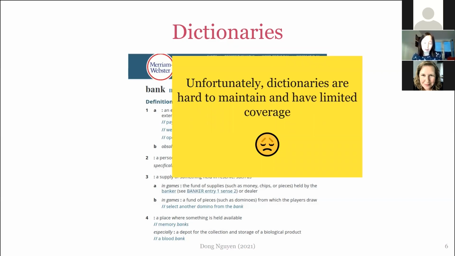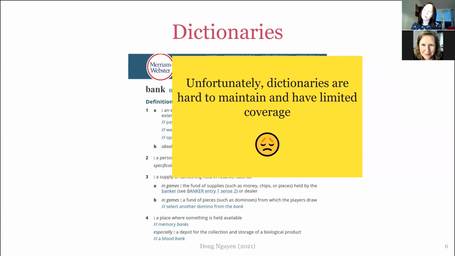They take a lot of effort. In practice, these dictionaries are often outdated, especially if we look at domains like social media, or if we look at new words or new meanings that emerge. They also tend to focus on more general language use and might miss particular words or meanings that are really specific to a particular domain.